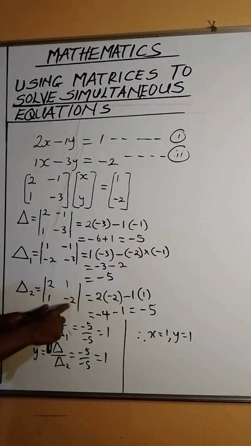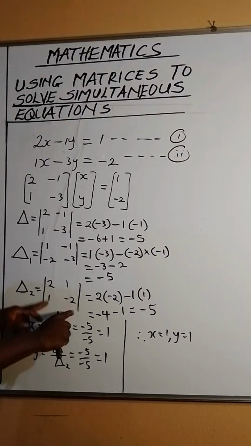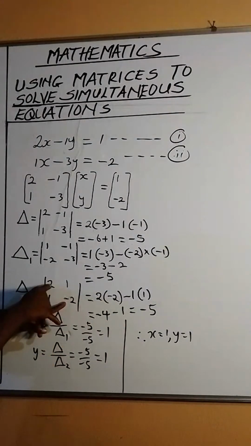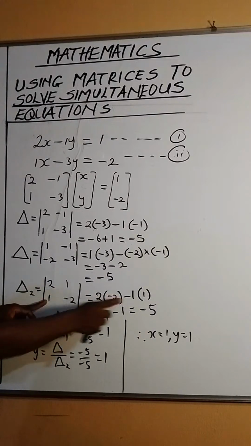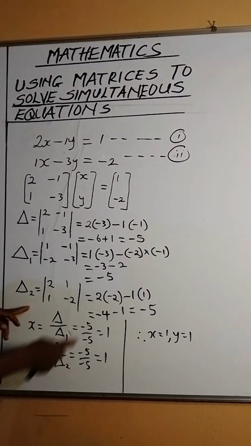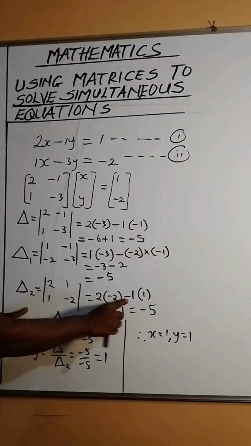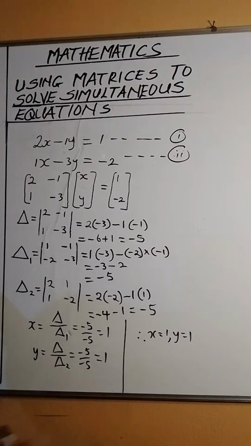So cross multiplying, we have 2 times minus 2, then minus 1 times 1. So 2 times 2 is 4, and the minus remains. Then minus 1 times 1 is 1. When we combine it, we get minus 5.